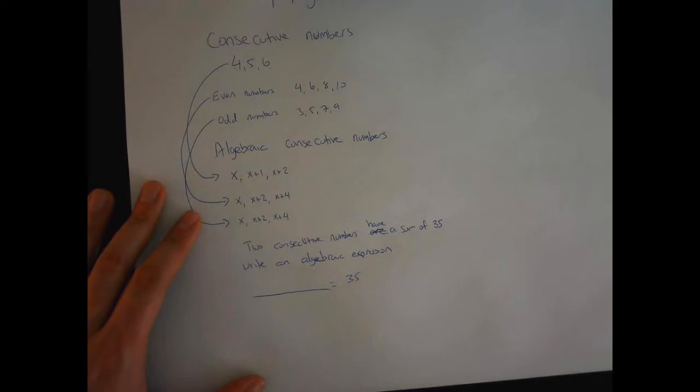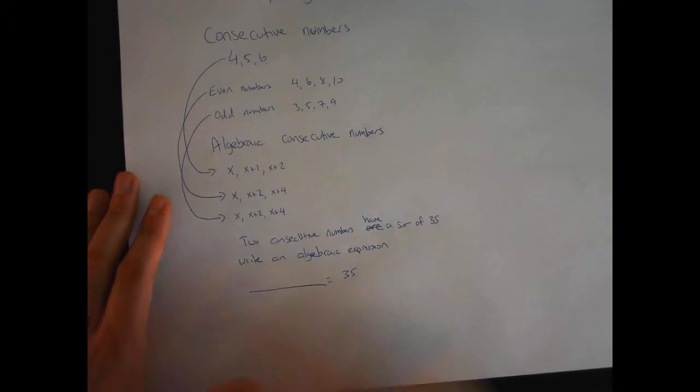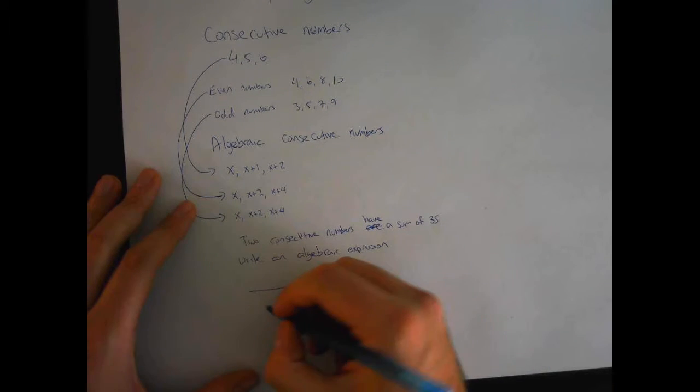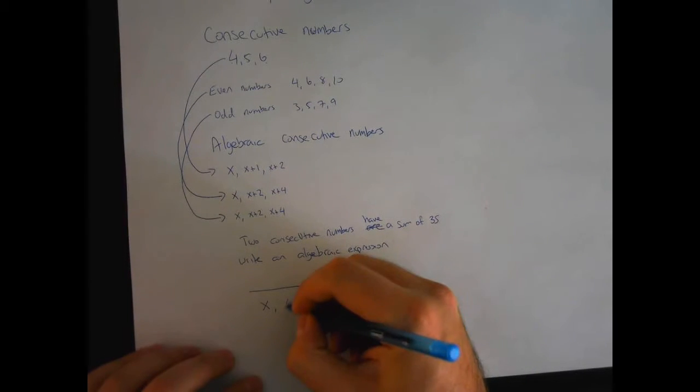We don't know the numbers, so the first number we have said is always going to be what when we do algebra? It'll be x. And because they are consecutive numbers, it doesn't say consecutive odd or consecutive even, what will be the next term? X plus 1.